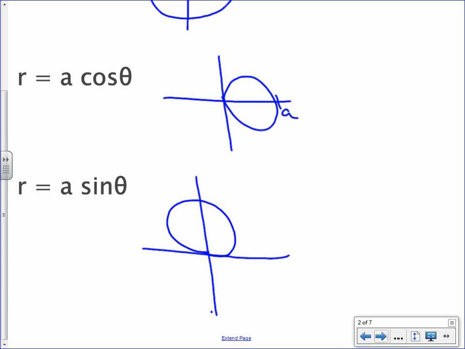And a represents what? Okay, the diameter, how far it stretches. If I asked you for the radius of one of these two circles, what would it be? It would have to be half of a. Right. Good.